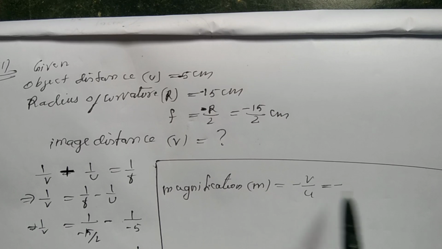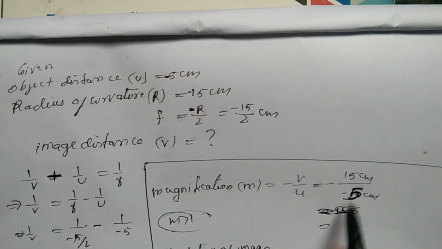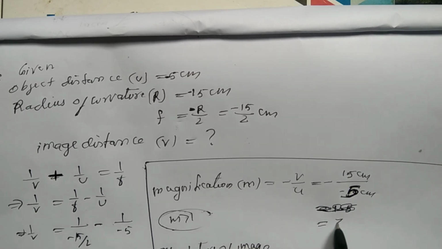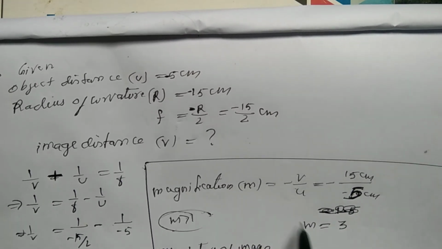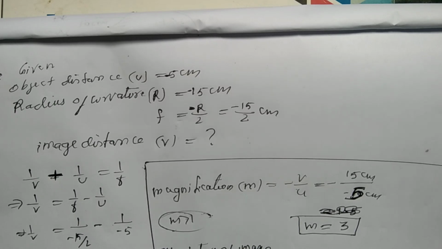Put the value of v, it is 15 centimeter, u is 5, so minus gets cancelled, 5 threes are 15. So m equal to how much we got? m equal to plus 3. Now here m is greater than 1. That means if m is greater than 1, the image is always enlarged, large, magnified.